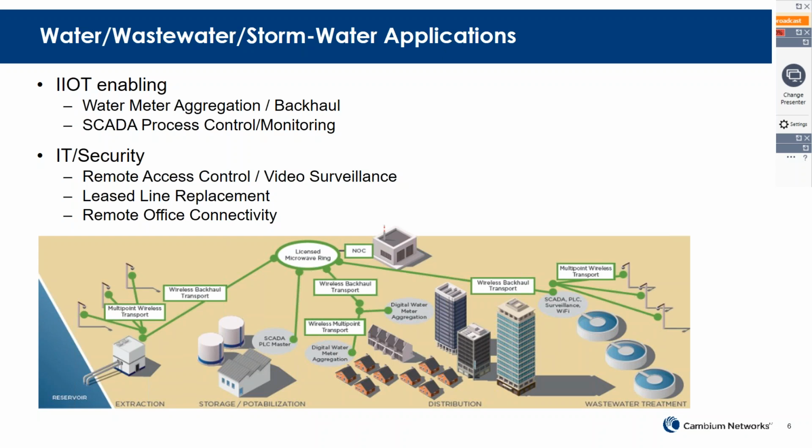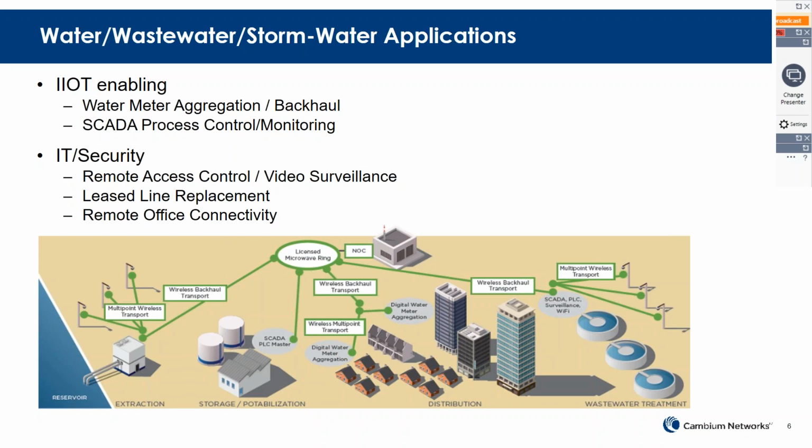And then on the bottom you have digital water meter aggregation and SCADA data. Depending on your deployment environment, you may use the cnReach that operates in the sub-gigahertz band.